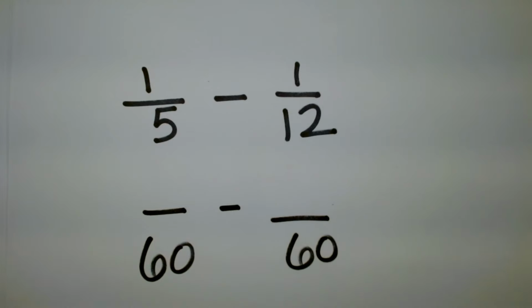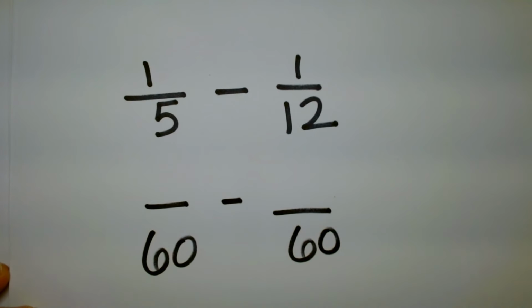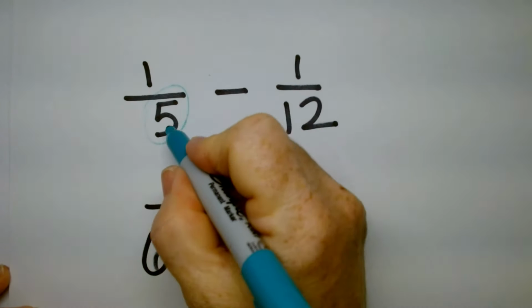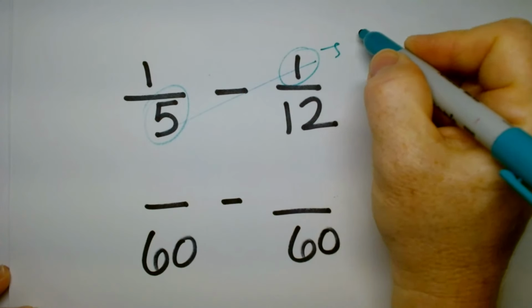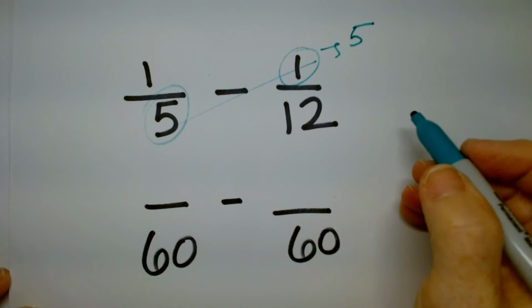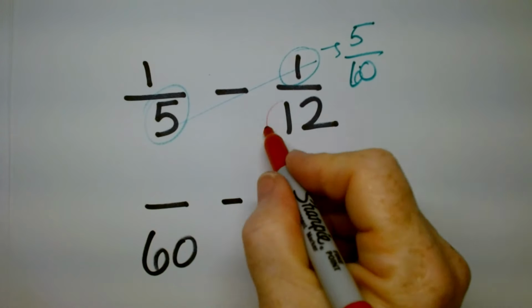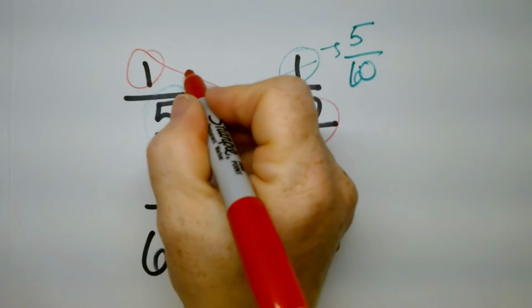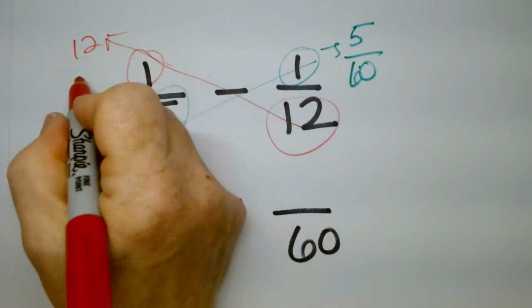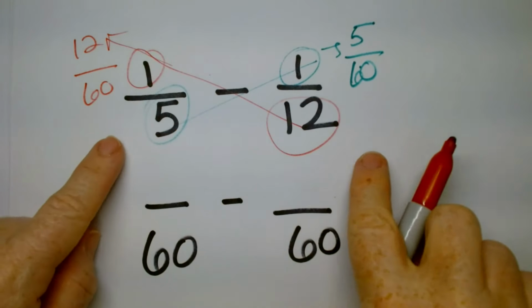All right, so what you do is you write the bottom down here and then whatever the sign is, okay? And then what you do is you just go, okay, 5 times 1 is a 5, okay? And it's going to be over 60. And a 12 times 1 is a 12 over, and they're going to be over the same thing.